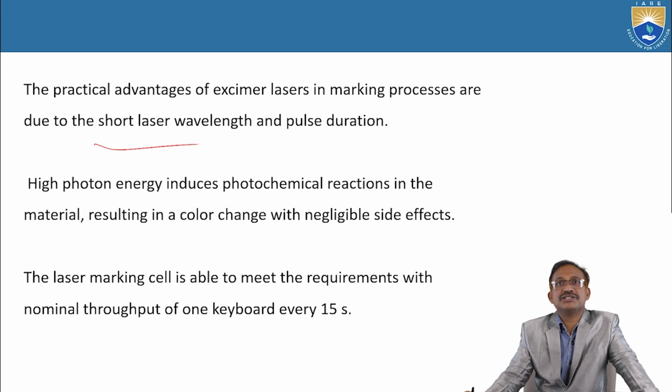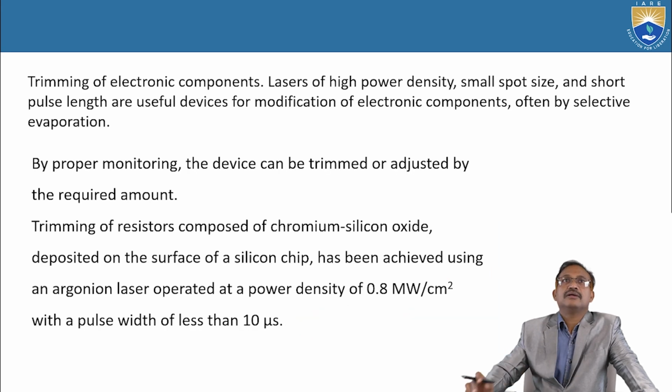High photon energy induces photochemical reactions in the material, resulting in a color change with negligible side effects. The laser marking cell is able to meet the requirements with the nominal throughput of one keyboard every 15 seconds. See how less it is.